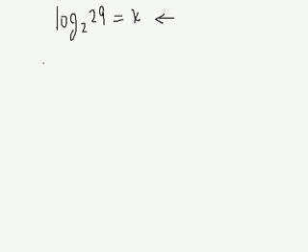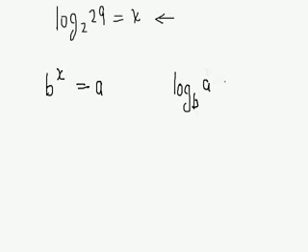To do that, I'm just going to look at this generally. If I just express this as b to the x equals a, then to find x I would use log, the base is b, of a will give us x.